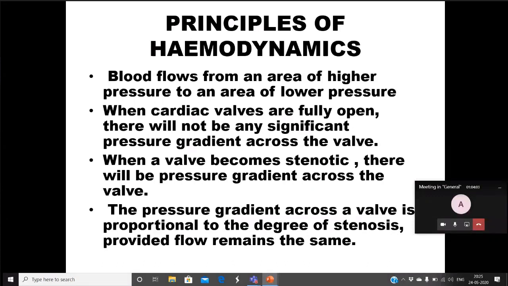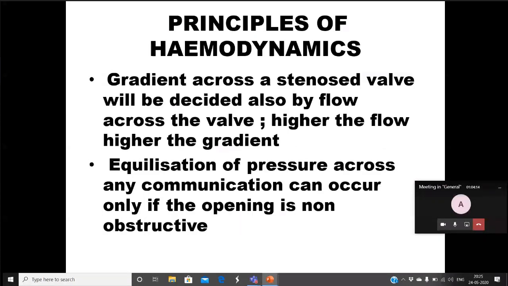You should always remember that there can be a gradient across a valve, one because of the stenosis, and two because of the increased flow across the valve. Gradient across the stenosed valve will also be decided by flow across the valve. Higher the flow, higher the gradient.